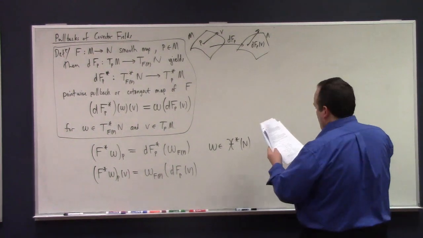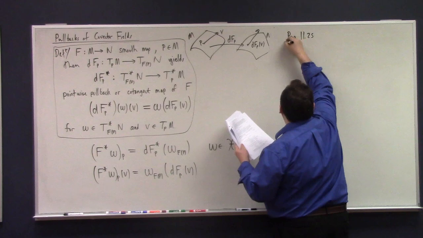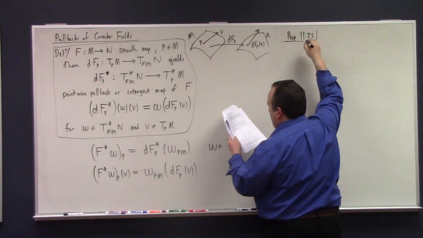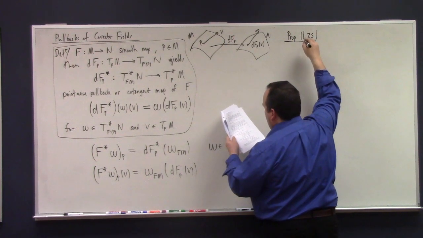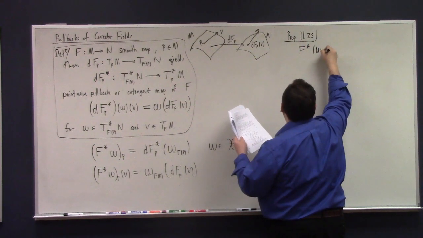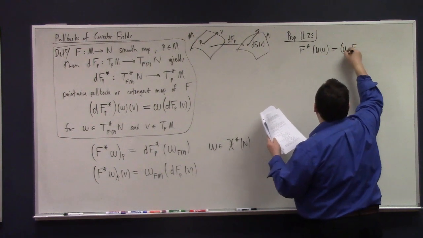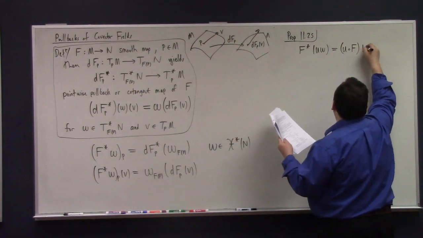Now, proposition 11.25, here we have F, again a smooth map, and here we have the pullback of u times omega is equal to u composed with F times the pullback of omega.